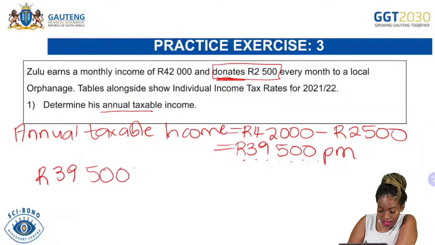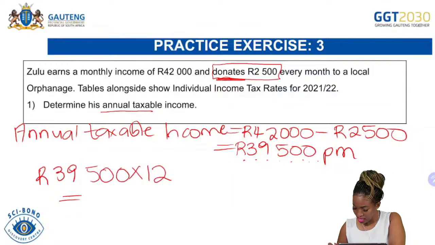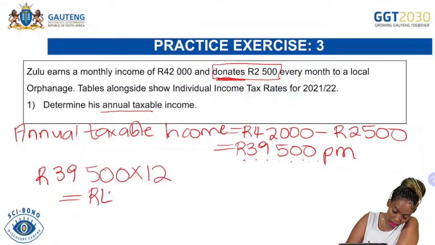So it's 39,500. To convert from monthly to annual, meaning per year, we multiply by 12. So we say 39,500 multiplied by 12. I hope you are also doing your calculations. I'm getting 474,000.